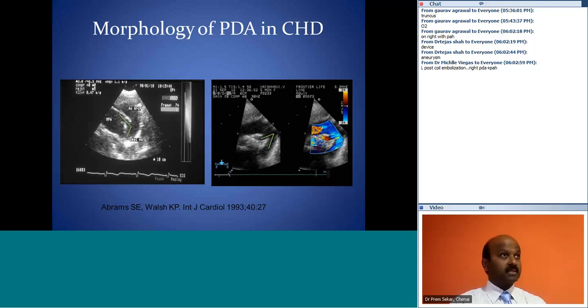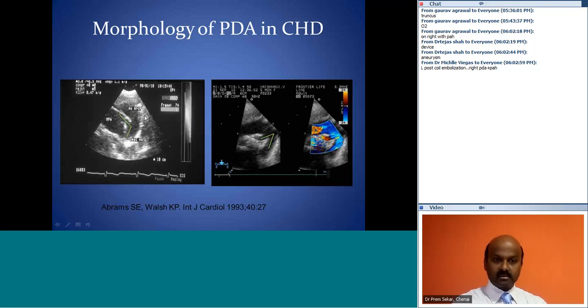It was found that patients with PDA and coarctation of aorta had a wide ducto-aortic angle, usually a mean of 107 and 104. The ones with hypoplastic left heart syndrome also had a wide ducto-aortic angle with a mean of 98 degrees.